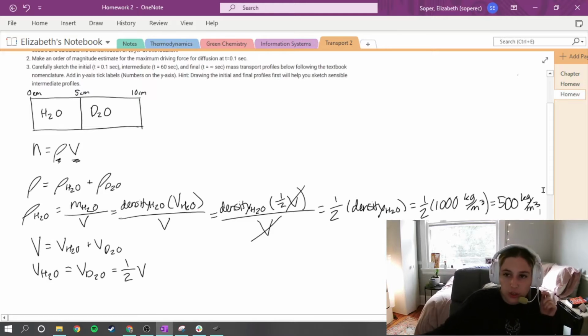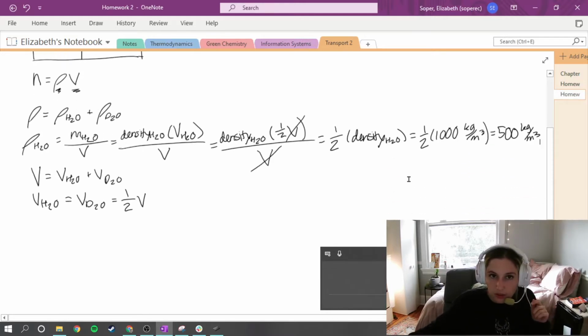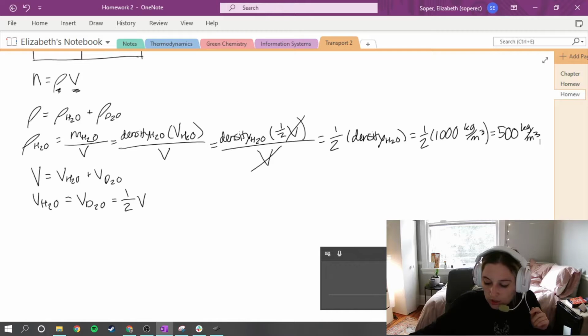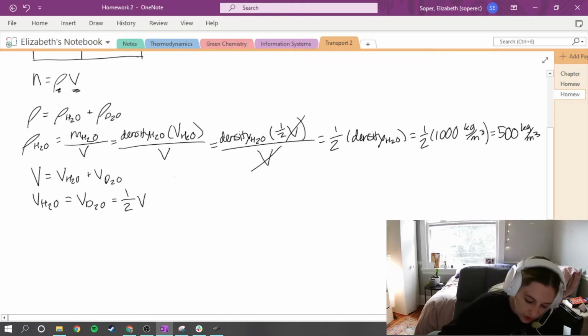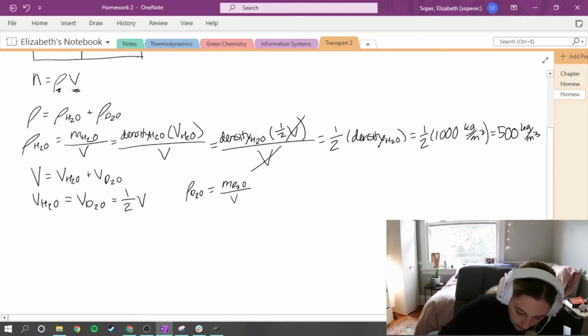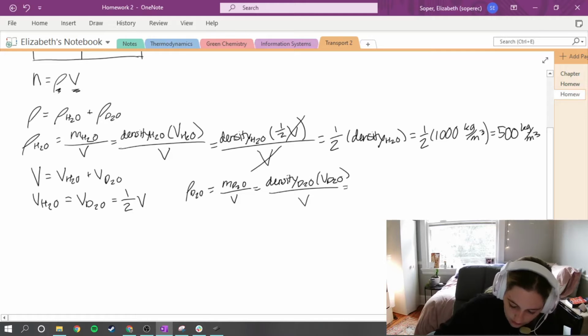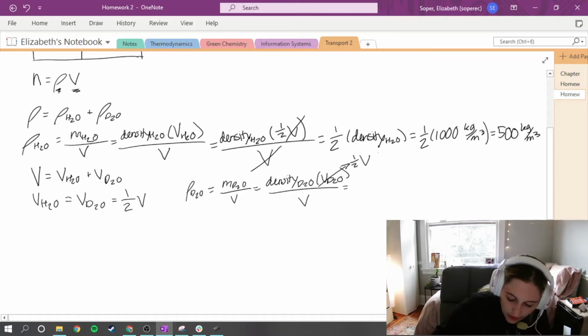And then you can scroll down a little, you can do the exact same thing for the deuterated water. So I'll just rewrite it so that there's no confusion. So this is going to be 1/2 of the volume.